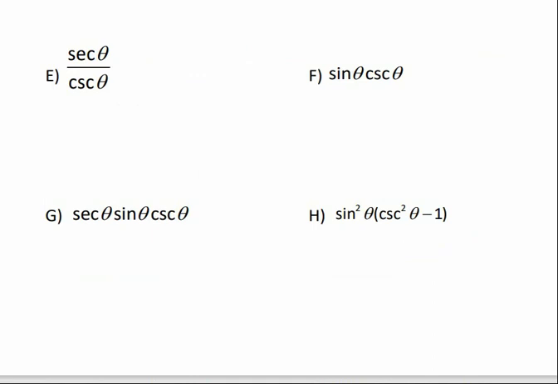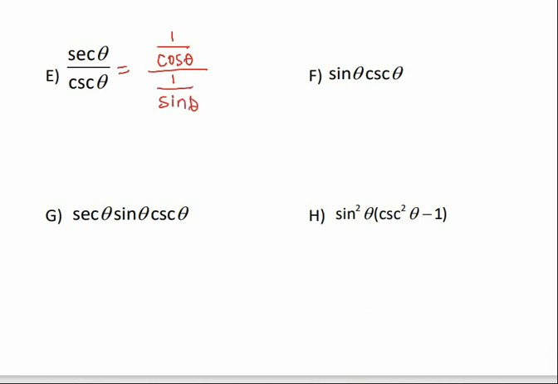All right, for E, we have secant of theta divided by cosecant of theta. We know that those have reciprocal values. Secant of theta is equal to 1 over cosine of theta, and cosecant of theta is equal to 1 over sine of theta.